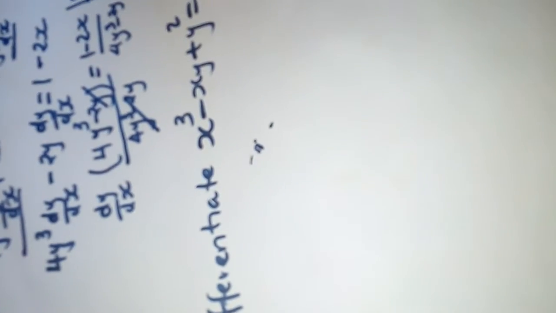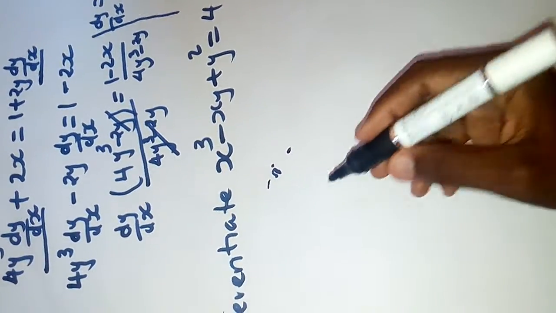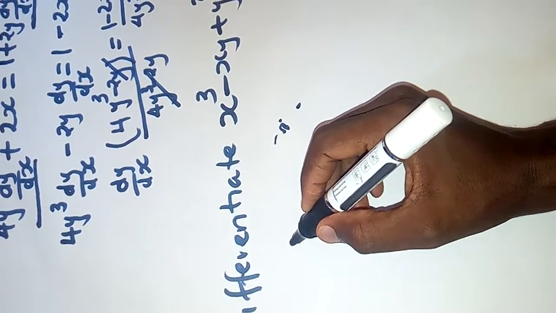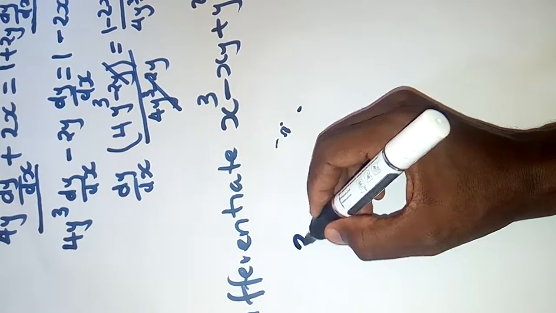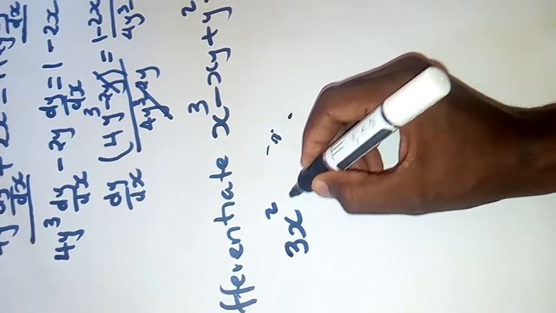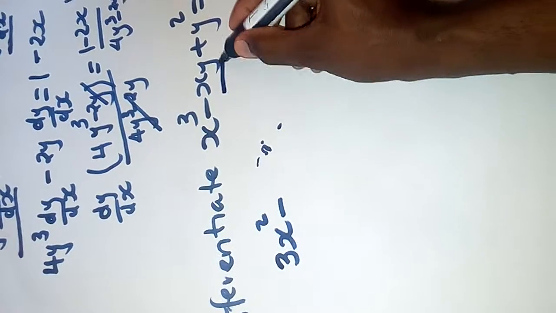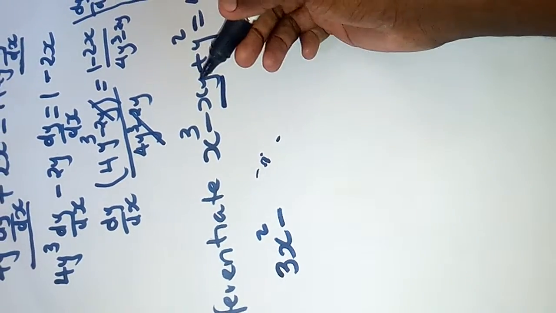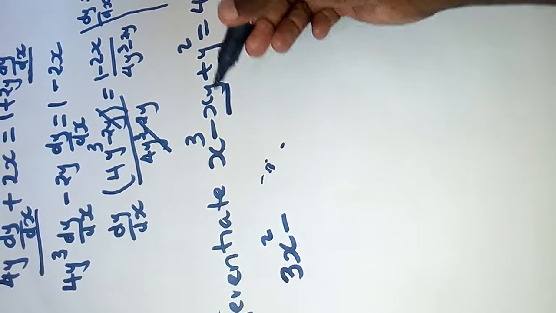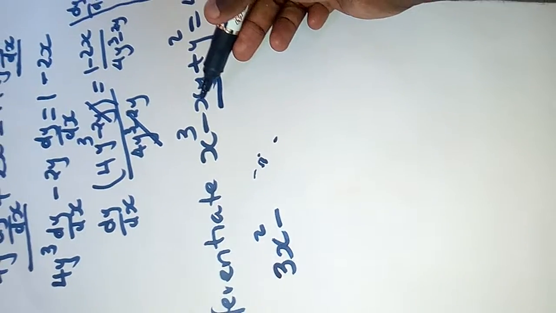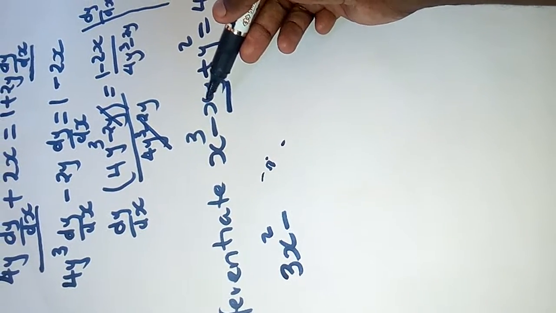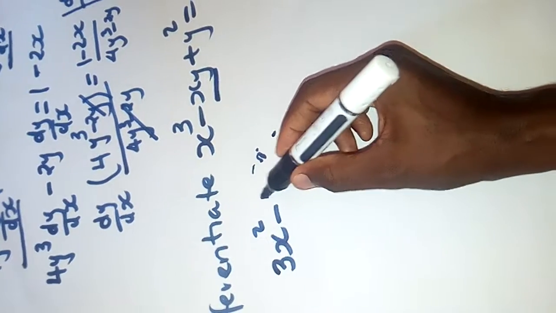So let's first start differentiating x cube. If we differentiate x cube, we get 3x squared, minus, when you come to this one, we use the concept of product rule, u prime v plus v prime u. We start with u prime. U is x, derivative of x is 1.